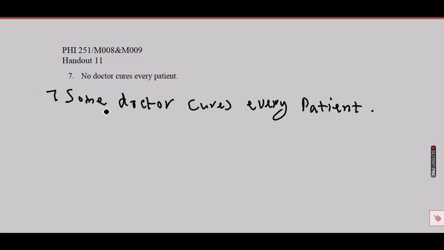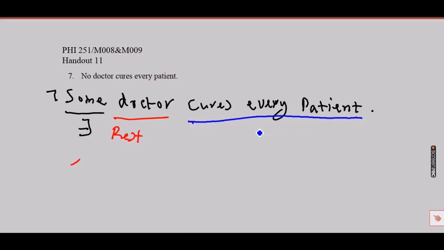We are going to use an existential, and the sentence is about doctors, so that is going to be a restrictor predicate. And about them, we're saying that some of them cure every patient. So that is going to be our main predicate. The restrictor and main are going to be connected through an and because we have an existential sentence.